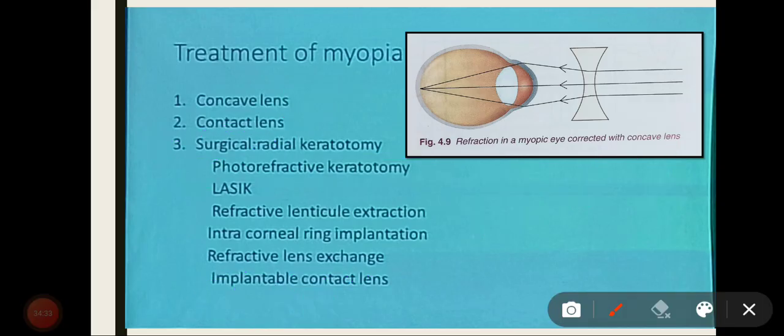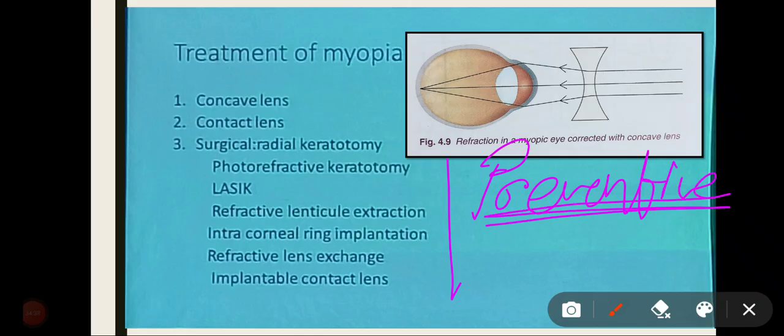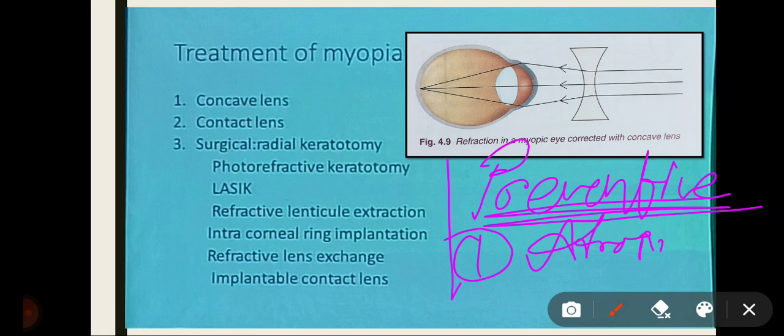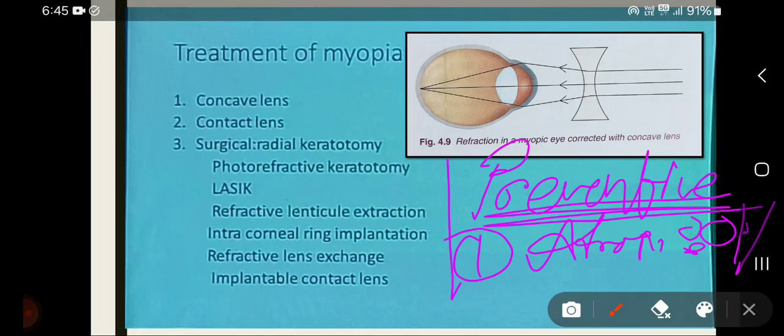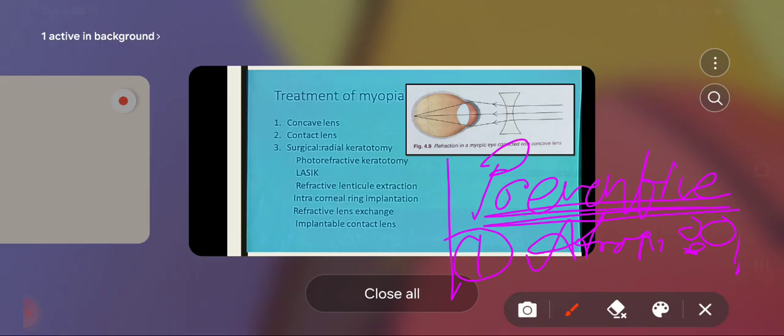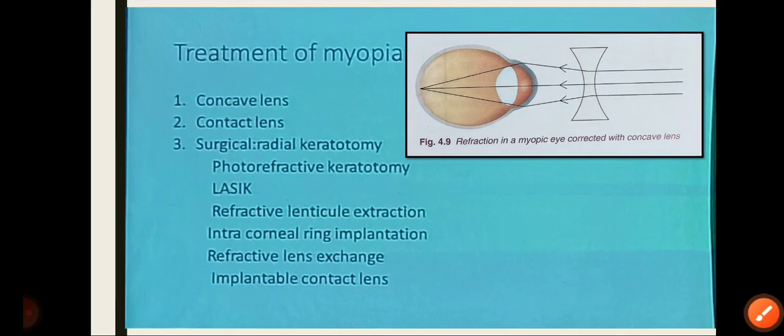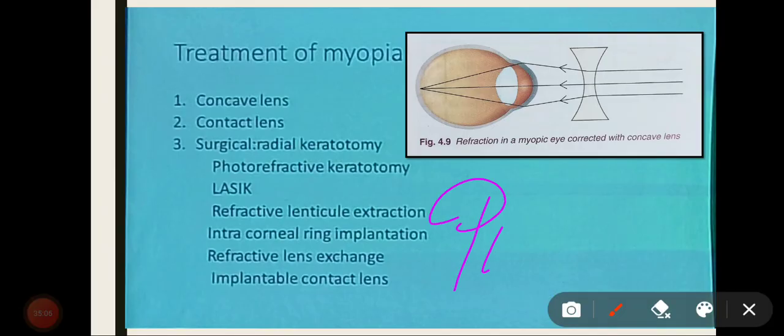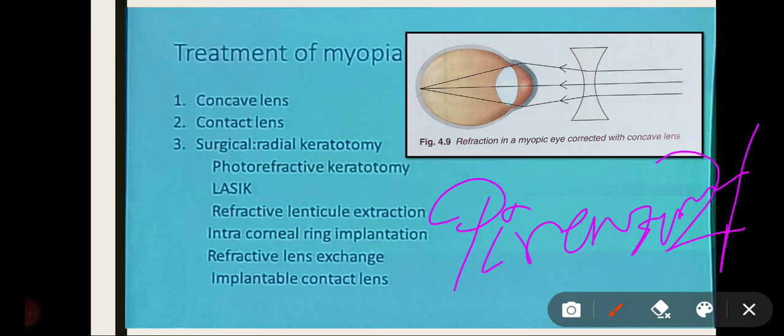Now I'll discuss a little bit about preventive measures. As pharmacological interventions, we use cycloplegics like atropine in low strength, that is 0.01 percent, instilled at night, and pirenzepine, where 2% gel is used.